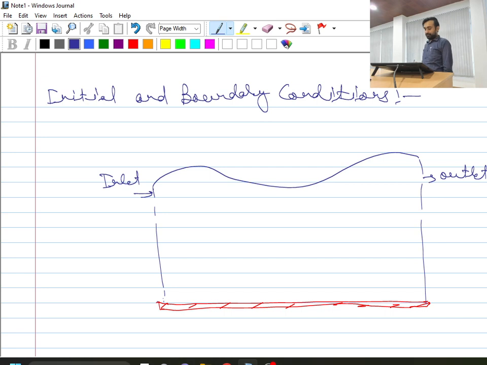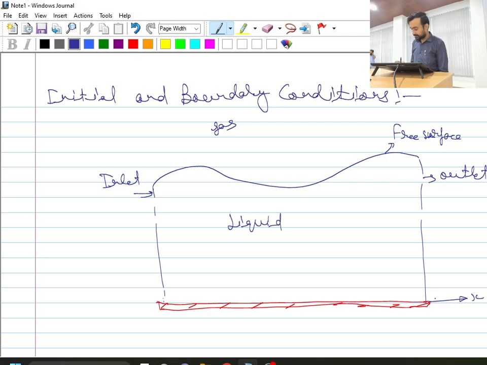Typically the initial condition will be required only when we are estimating the transient flow. And say this is my free surface. So I have some liquid, and this is my free surface, and here I have gas, here I have liquid. And I want to solve how this liquid domain behaves. Say my coordinate system is: this side is x, inside is y, and this vertical direction is z. Fine. Is this point clear?